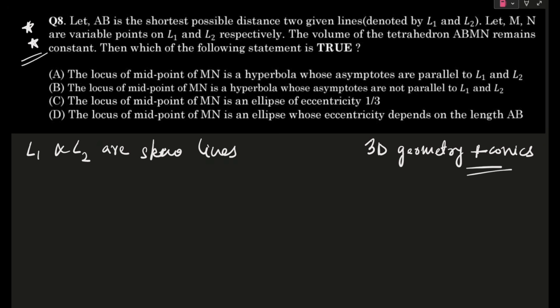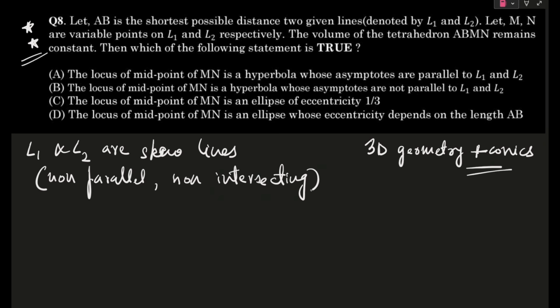And I hope you know what skew lines mean in 3D. They are non-parallel and non-intersecting lines. Skew lines are possible in 3D, not possible in 2D.